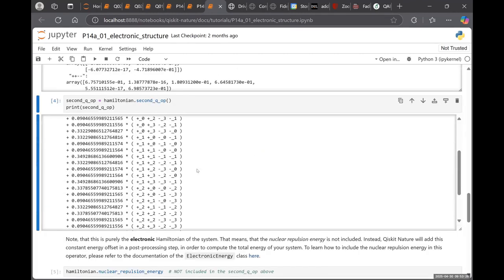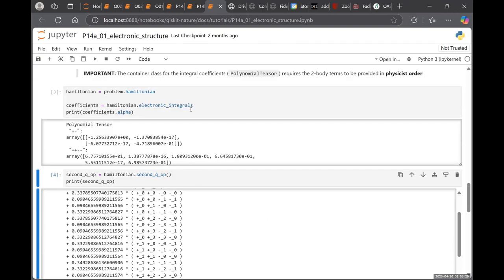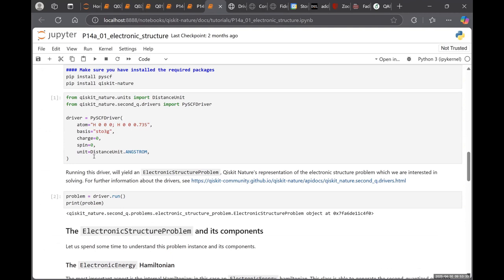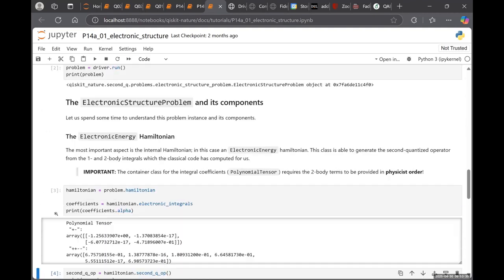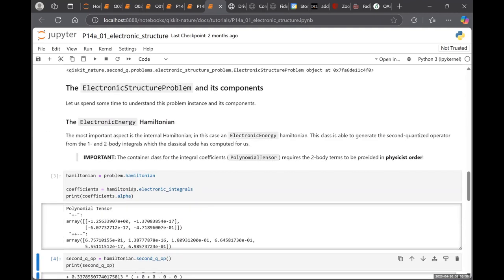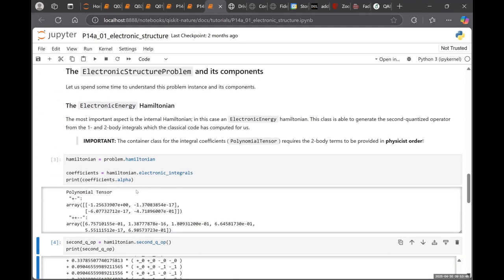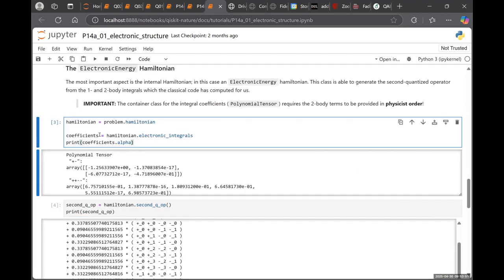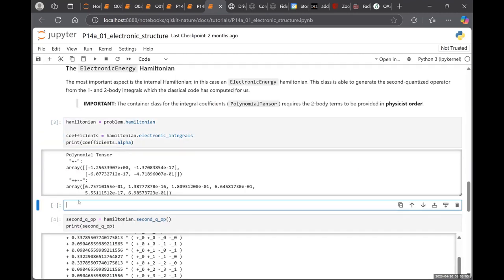Hamiltonian equals problem. That Hamiltonian is what we already set up here. And then you say coefficient equals Hamiltonian dot electronic integral, and then you print the coefficient, the alpha.